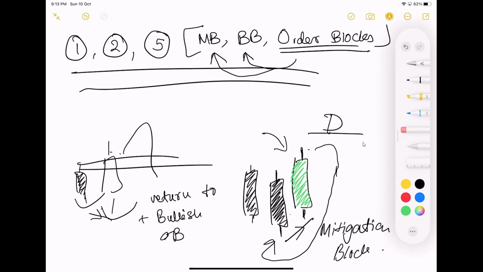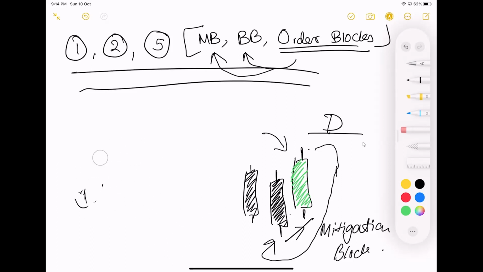That's giving us our bullish breaker. Then if we go to the higher time frame, we see that it's one big bullish order block. Okay, is everyone with me? You guys are good, right?